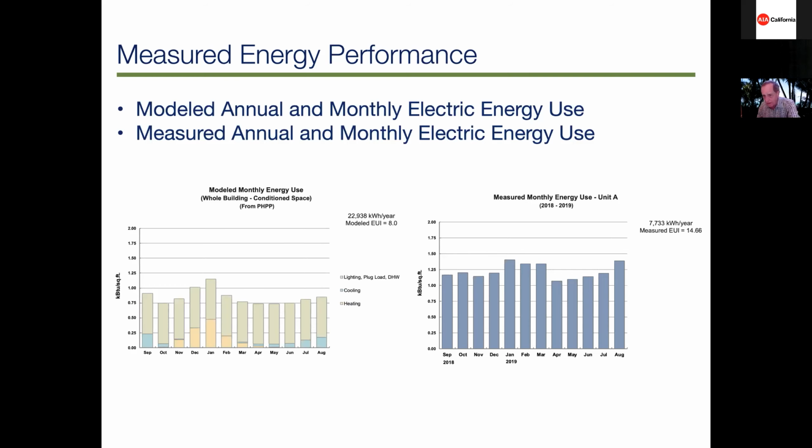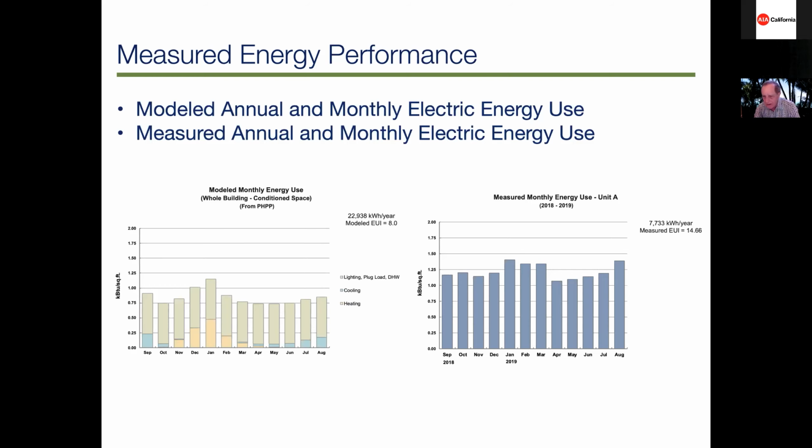So here, unit A is the one on the second floor, and measured EUI is 14, and almost 8 kilowatt hours for the unit, and for the whole building, the modeling showed essentially 23 kilowatt hours per year.